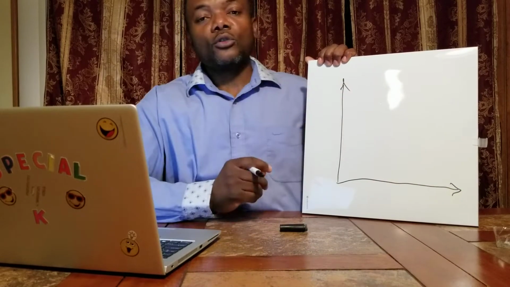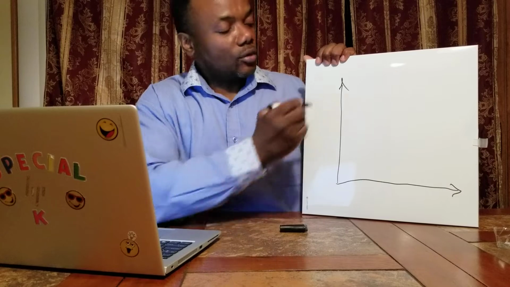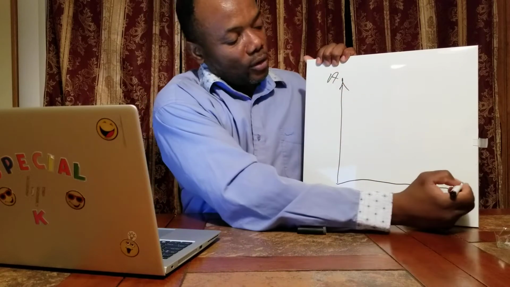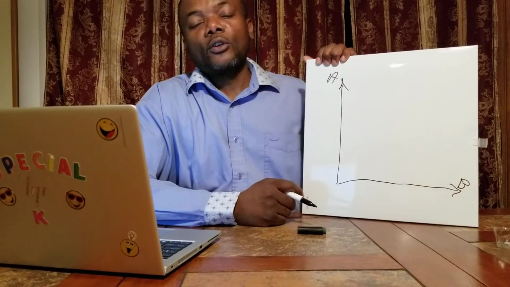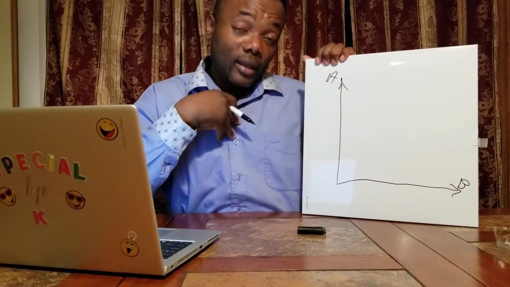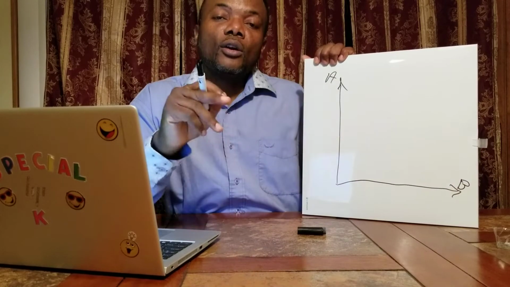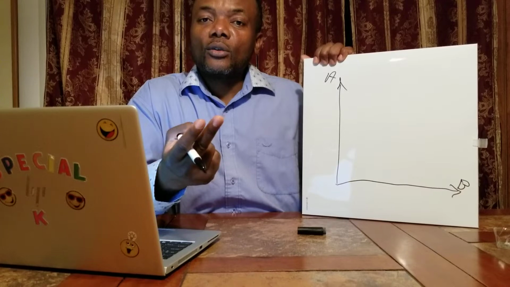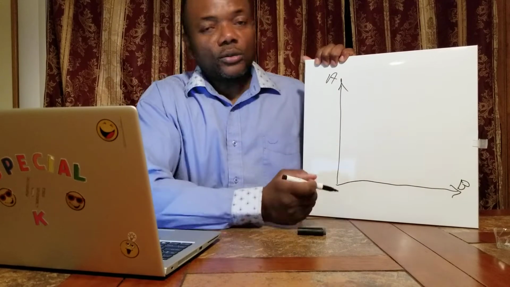Okay. So let's say I have two products, product A and product B. The graphical analysis in economics, at least at this level, we work in two dimensions. We have a vertical axis and a horizontal axis.